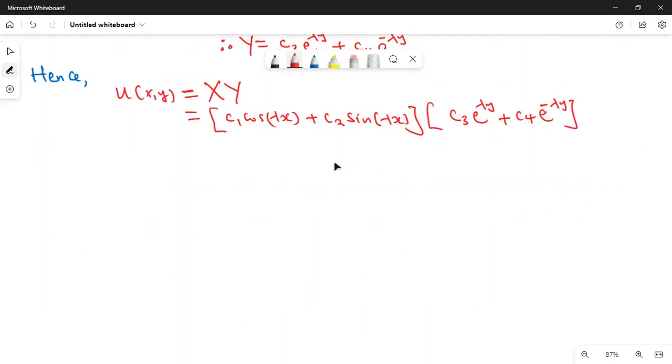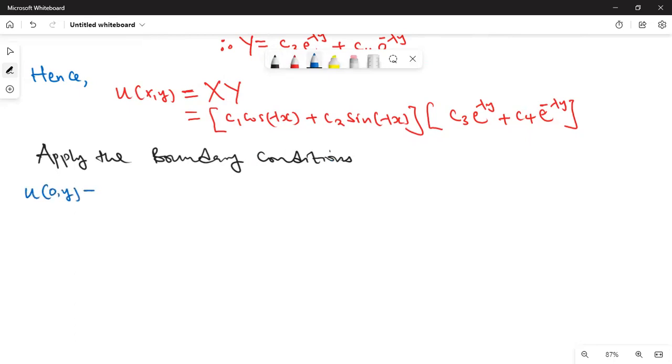Now, to find the particular solution, we need to apply the boundary conditions. Let's start by applying the first boundary condition along x. The first condition is when x is 0, u(0, y) is equal to 0. So what happens?